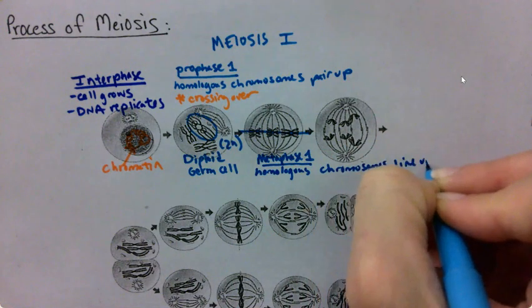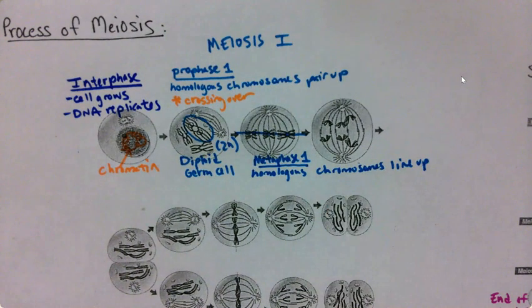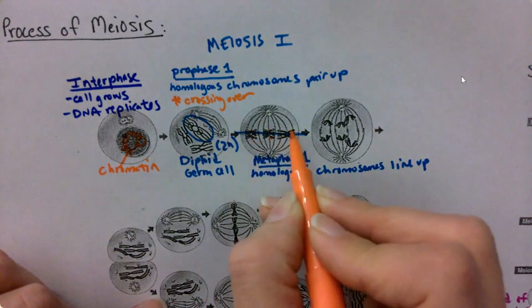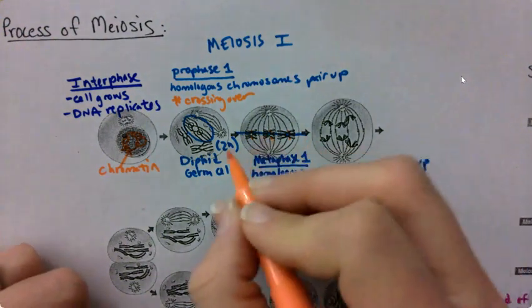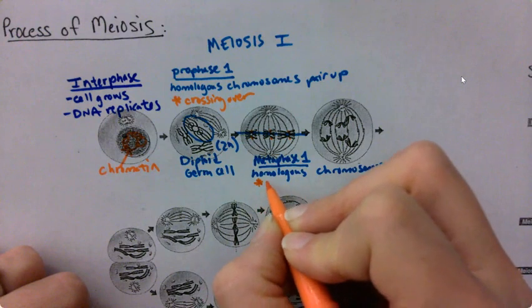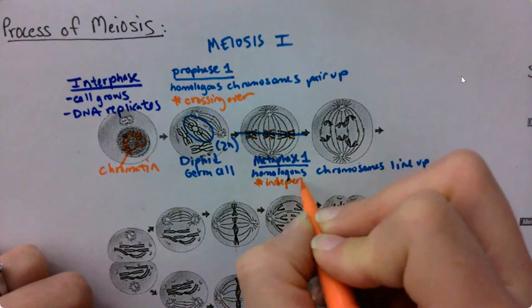Because of that, we have another potential for increasing genetic variation, because these homologous chromosomes can flip which side they're on, which flips the side they separate to. The way that homologous chromosomes line up influences the way they separate, and this is another way to increase genetic variation called independent assortment.